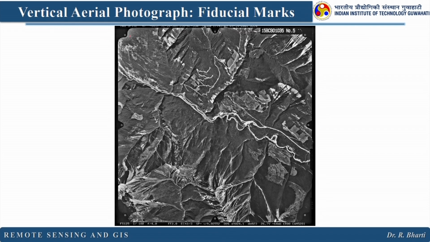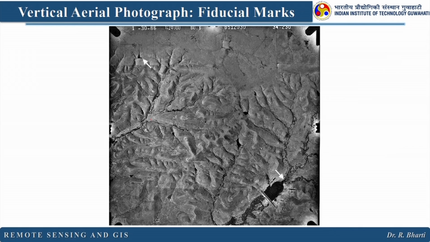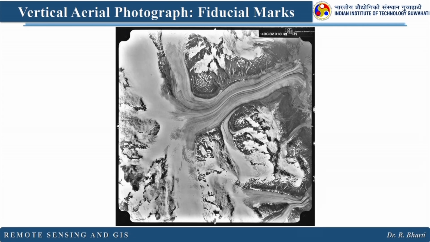Here, this is another example, these are again fiducial marks, right. This is another example, this is another example, and when we join them, we find the principal point, right.